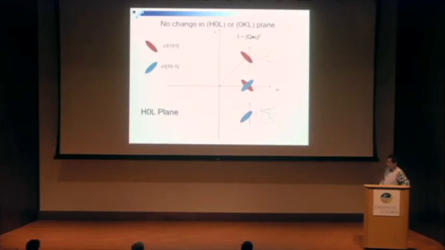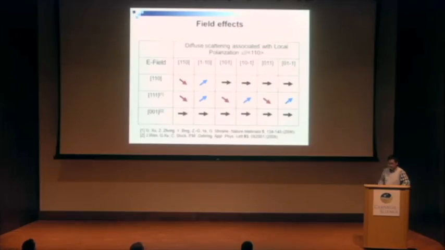So the 110 field has no effect on these four kinds of diffuse scattering from local polarization. And here is a summary of the field effect in this system with different kinds of field.